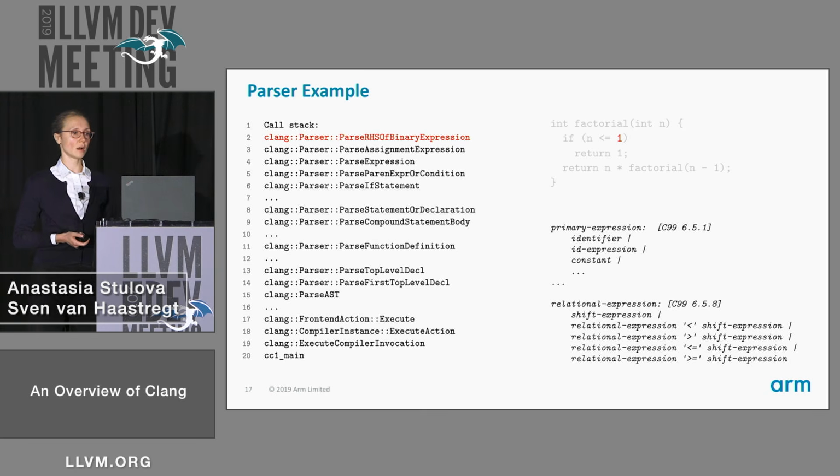At some point, parsing this particular condition in the if statement, a relational expression rule will match. You have a right-hand side and a left-hand side, with a comparison and equal operator in the middle. If we are parsing the right-hand side of our binary expression, as displayed here, we are parsing an integer literal 1 in this case. The end rule is a primary expression, so that's the end of the parsing. At this step, we know that we successfully matched the grammar rule for parsing the binary expression.